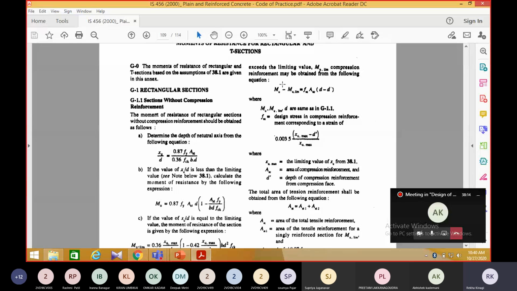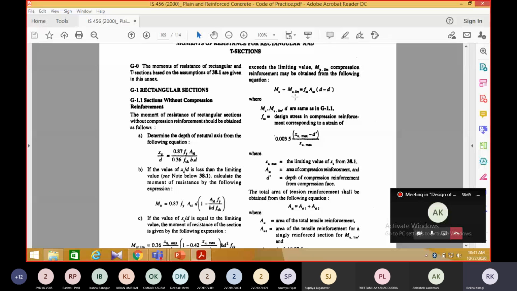That means the first section in the doubly reinforced beam is going to sustain a moment of Mu limit. We already have the value of Mu, that is the design moment. Out of the design moment, the Mu limit value of moment will be carried by the first section, that is the singly reinforced section.